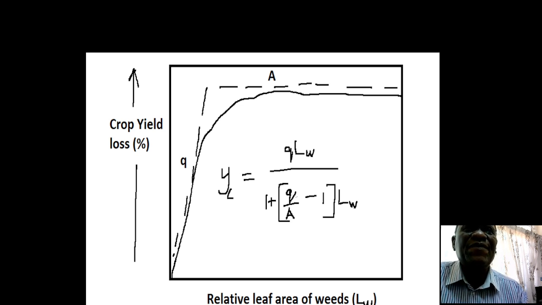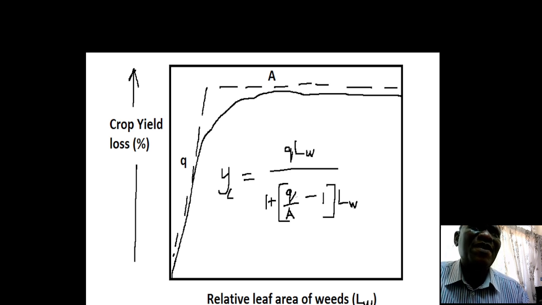Here on this graph, which is similar to that of Cousins, we have relative leaf area of weeds on the x-axis, then crop yield loss on the y-axis. You get that curve.